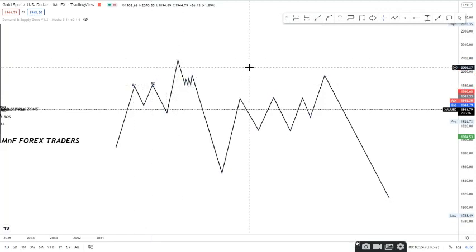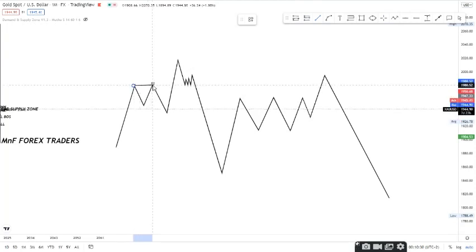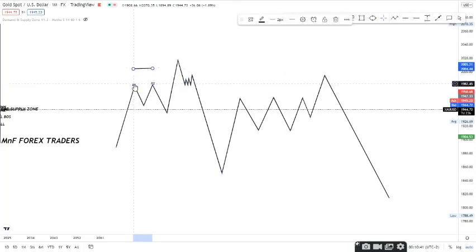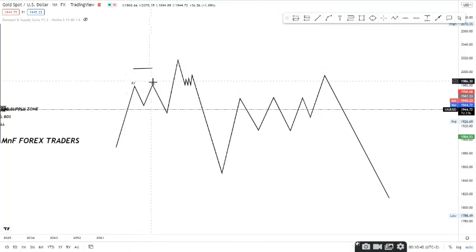The market pushes to the upside and breaks this level here. Let me put a line here. Once the market breaks this level, we know that people have been trapped, and people need to get trapped because orders need to get filled.